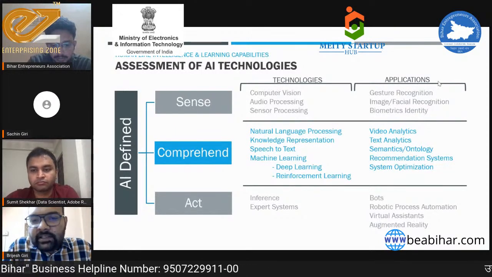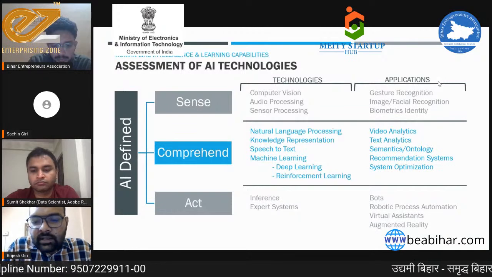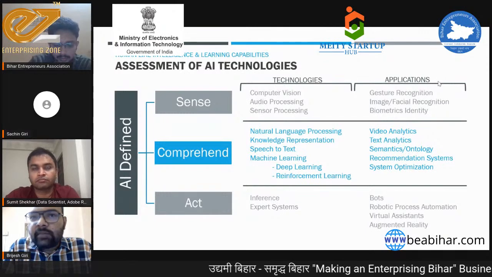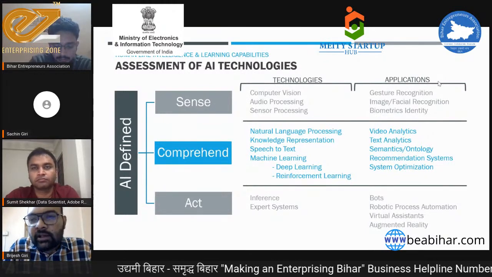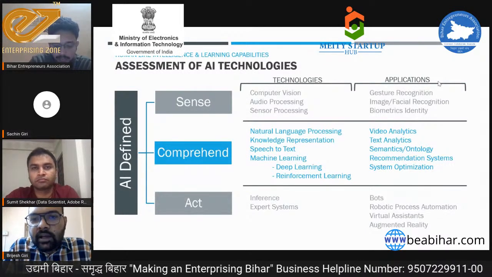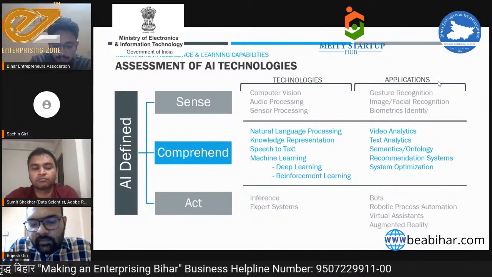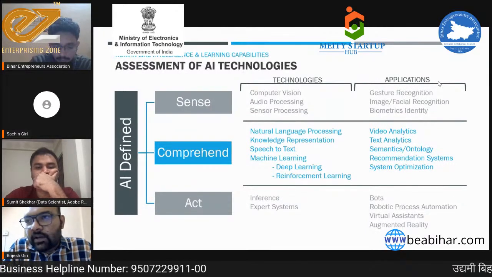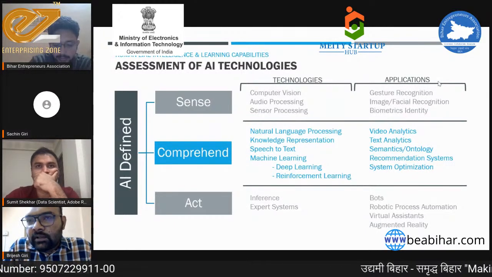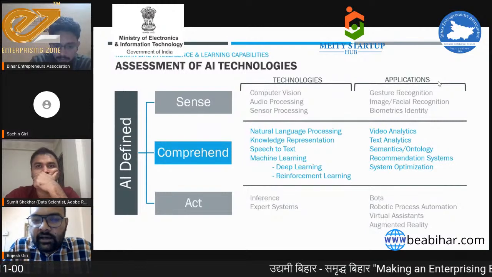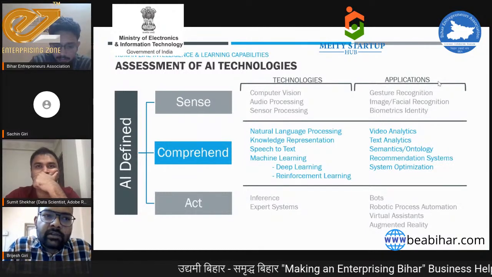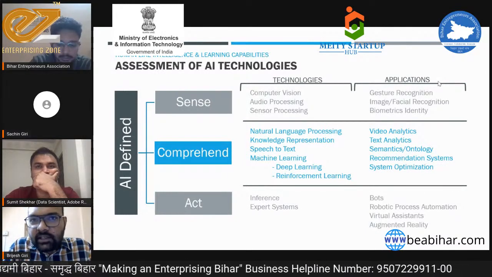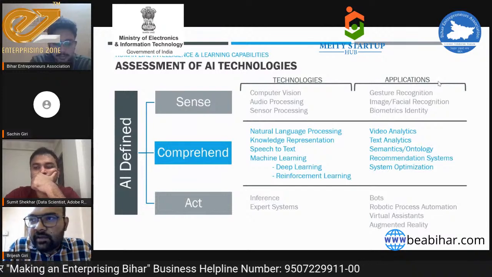The other kind of applications that we have are chatbots and virtual assistants, right? If you go to any modern website, you will see that a chatbot will come up to assist you for the very first time. For virtual assistants, if you are using an Android phone, then you have Okay Google Assistant on your phone, right? If you're using Amazon services, then you have Alexa.